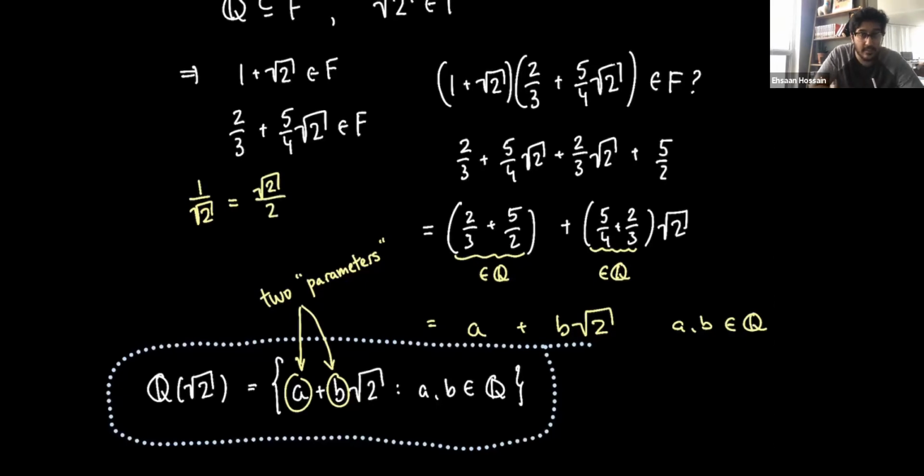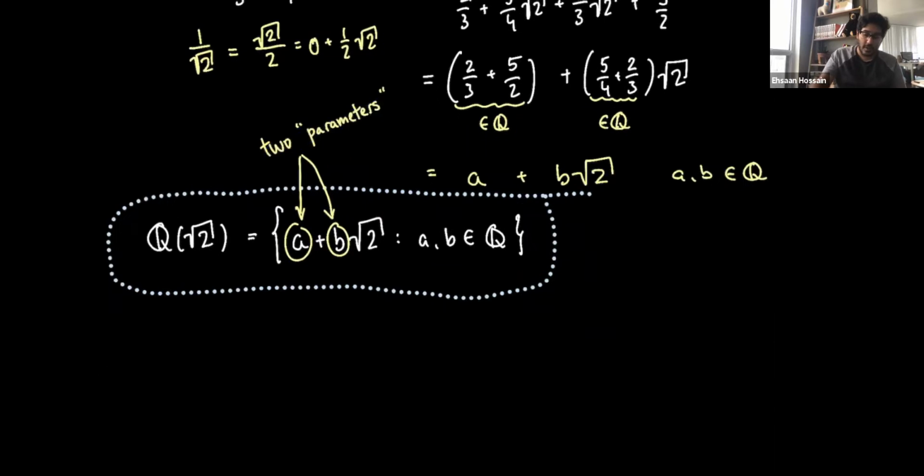Square root of 2 over 2. This is 0 plus 1/2 times the square root of 2. So it does have this form. And you can always do this, by rationalizing the denominator. I could have found the inverse of this element too. The fields have to be closed under inverses as well.